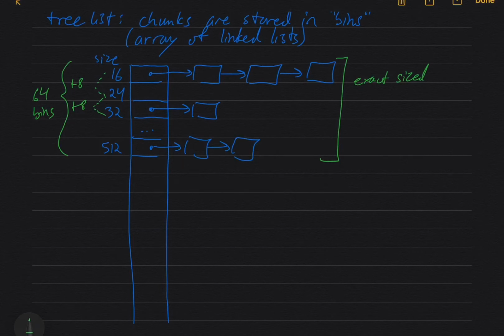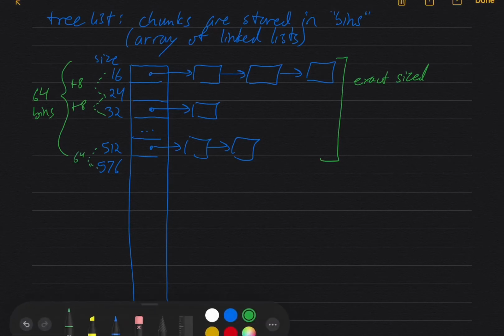So after that, the bins are not exact size. A bin will have chunks up to the size that's represented. So these are going to be increments of 64 bytes between the bins.